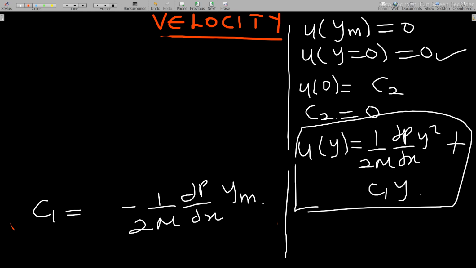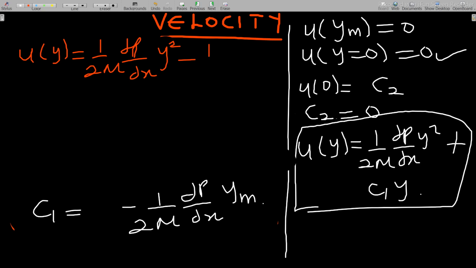So u of y is now 1 over 2 mu, del p del x, y squared, then plus c1, but c1 is negative, so minus 1 over 2 mu, del p del x, ym times y.